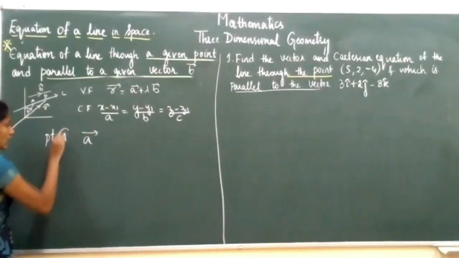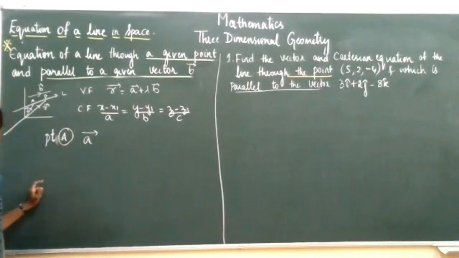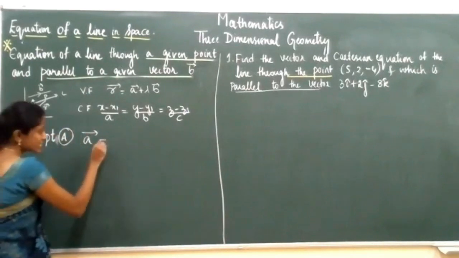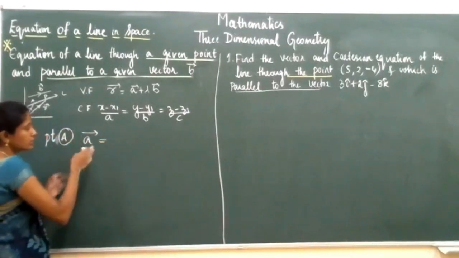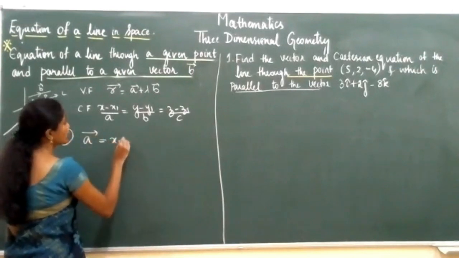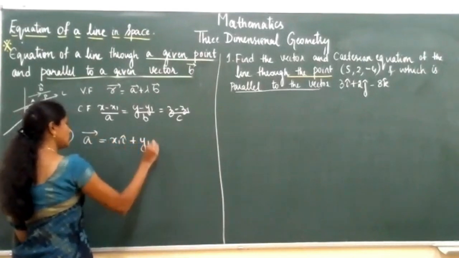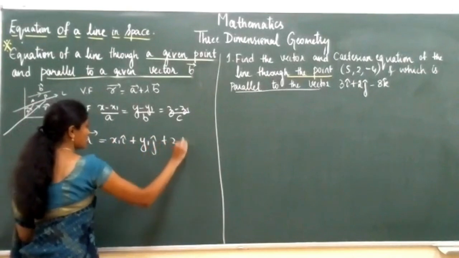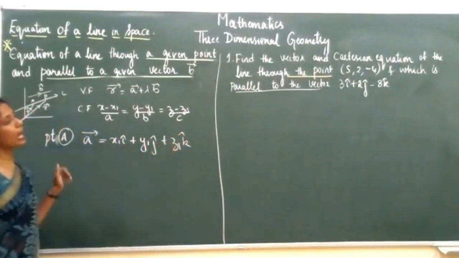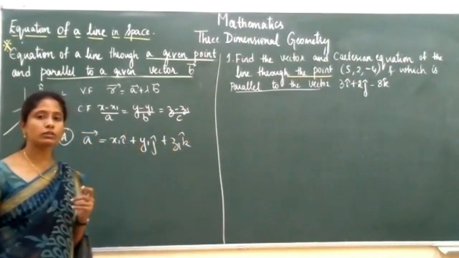For point A, we consider the position vector as vector a, which we wrote as x1 i cap plus y1 j cap plus z1 k cap, and which is parallel to the vector b.